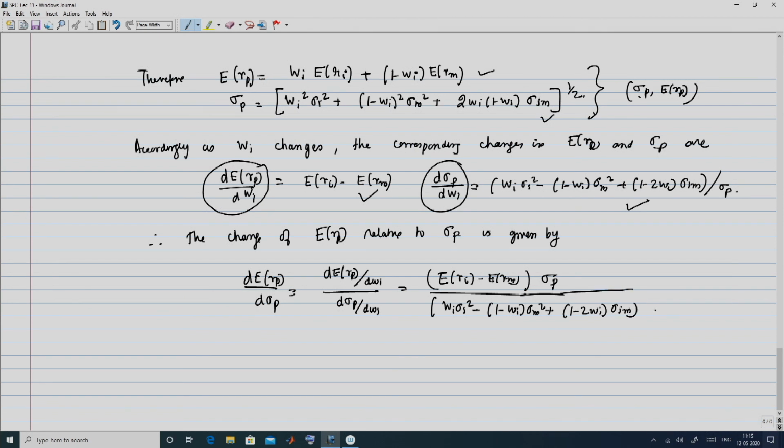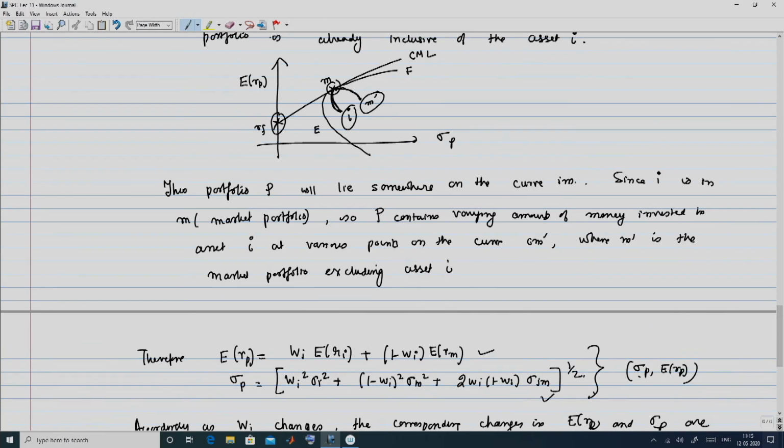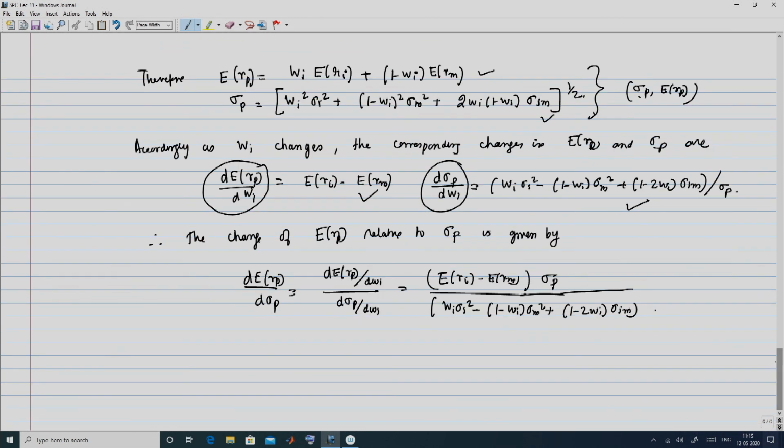Now, the curve I M prime that I have here will be represented by this E R P and sigma R P. Accordingly, this expression, that is the change of the expected return vis-a-vis the risk as given by the standard deviation, what is this going to represent?